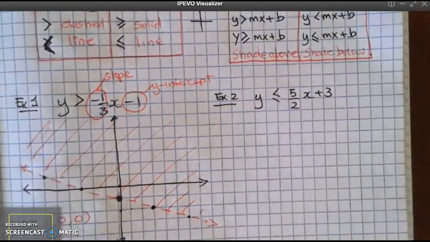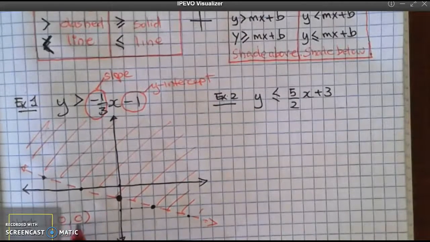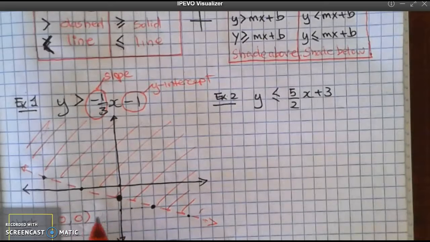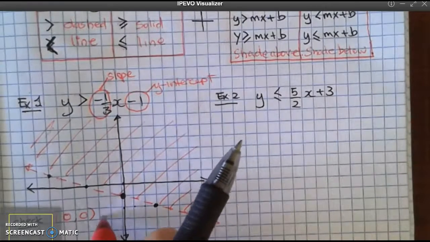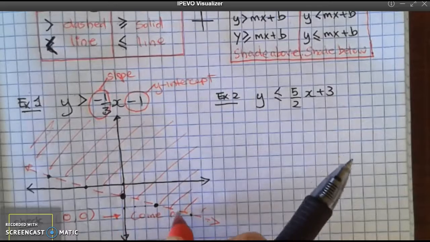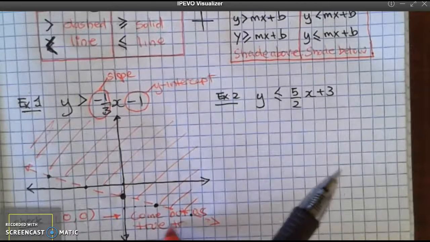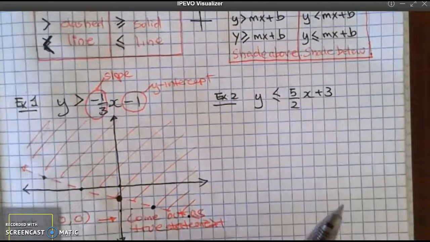And I am going to substitute that in and see if it comes out with a true statement or a false statement. If 0, 0 is part of the solution for the shaded region, that means when we substitute it in, it should come out as a true statement, because we said that this is part of the solution.